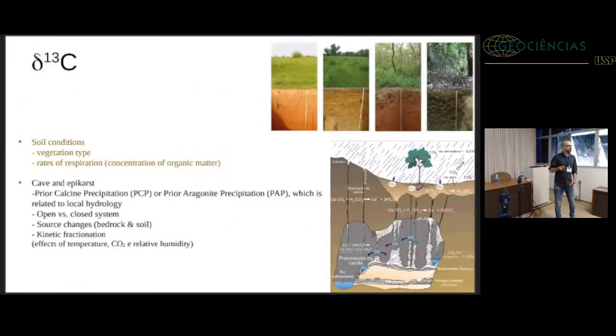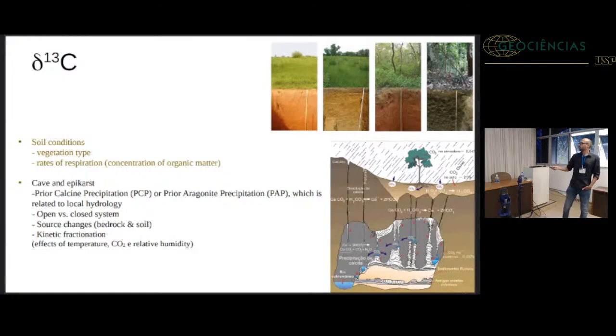Okay, so everything I was talking about until now happens above your cave, in the atmosphere or in the soil, in the vegetation here. But then you have many effects on the δ13C which are connected with what happens inside of the cave or the epikarst. Here's a list of some of these effects. You have pre-calcite precipitation, pre-aragonite precipitation if you have aragonite samples.